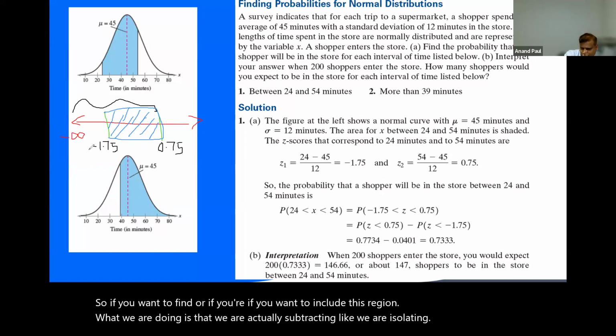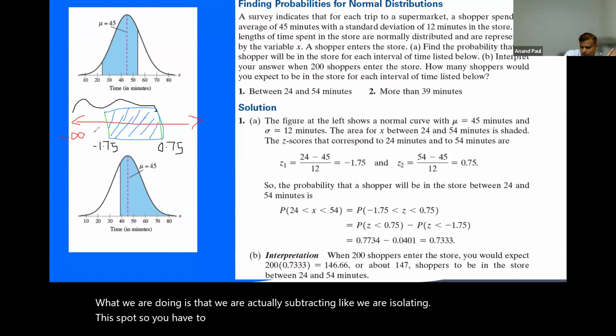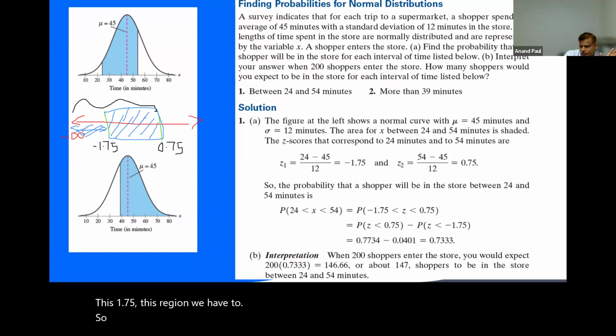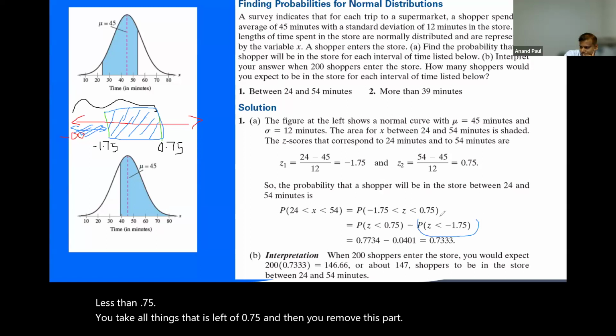We have to remove the left part of minus 1.75. Everything towards the left of this has to be removed. So that's why we put this one here, P of z less than 0.75. You take everything that is left of 0.75, and then you remove this part. That gives us the actual probability.